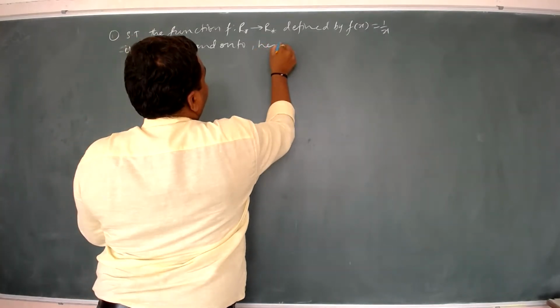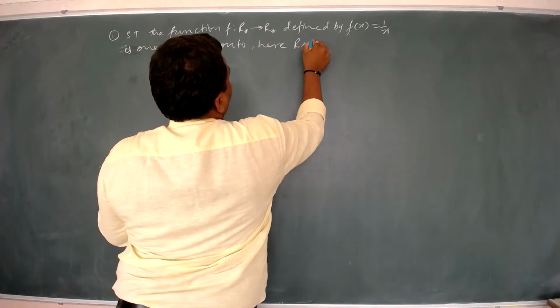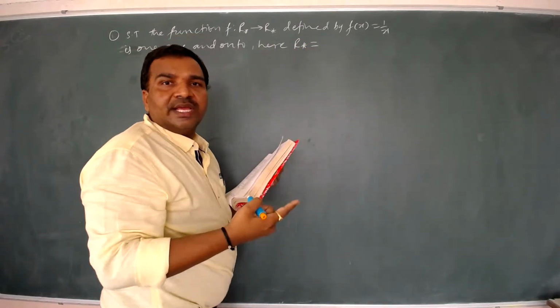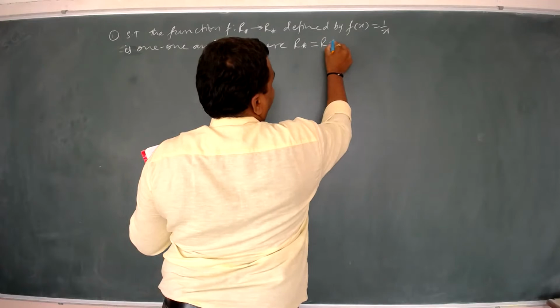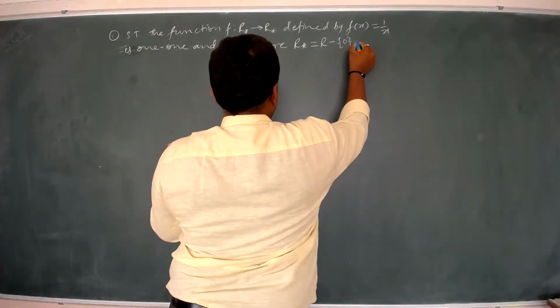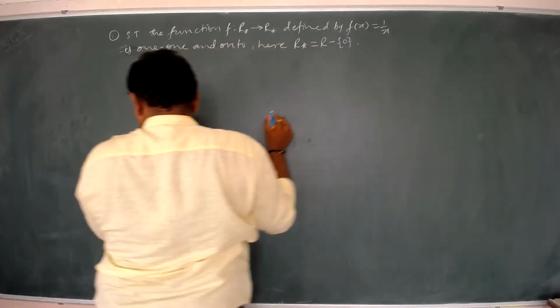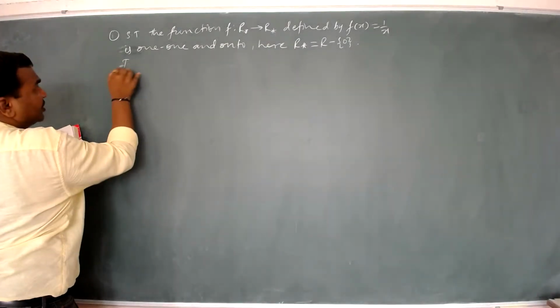Here R star is the set of non-zero real numbers, meaning R minus {0}. Okay.